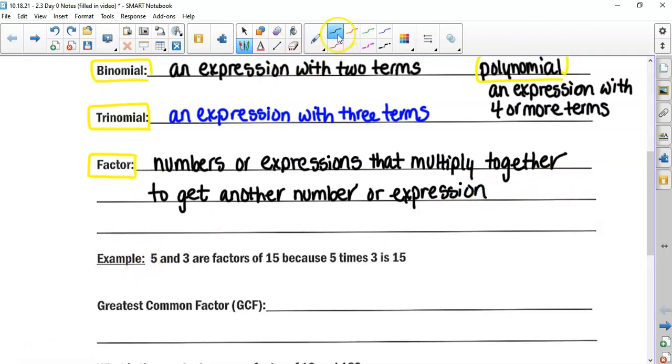We have an example right here. 5 and 3 are factors of 15 because 5 times 3 is 15.